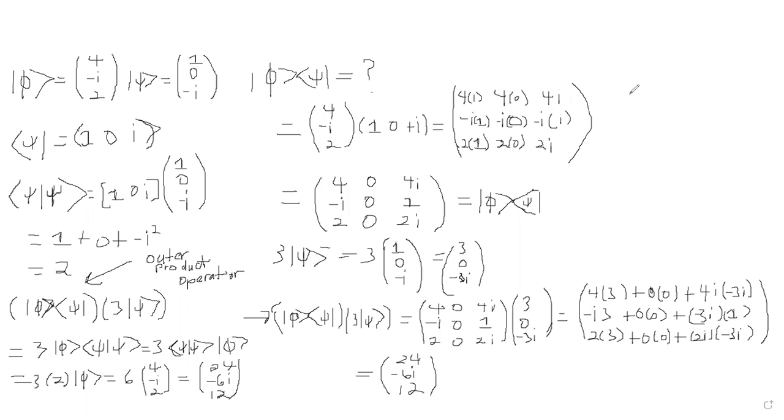So this column vector has to be 3 by 1, and then the other one has to be a 1 by 3.